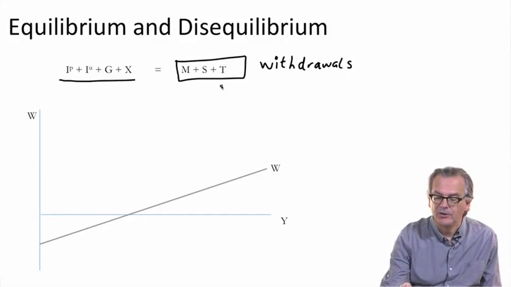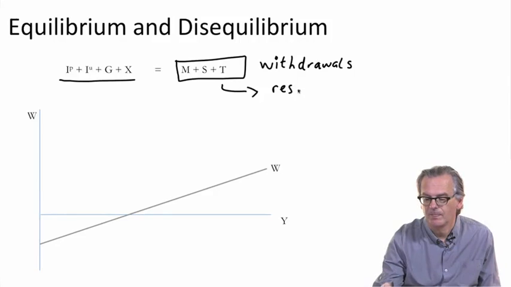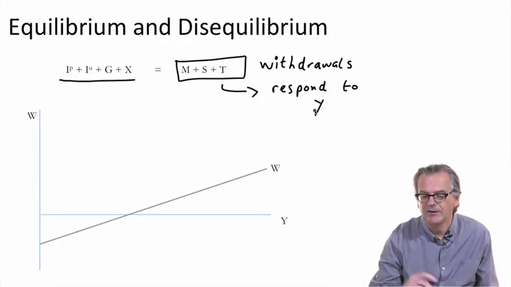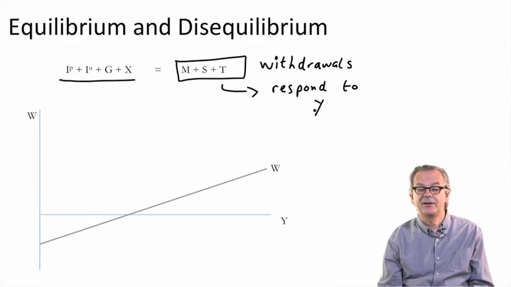Now, we're going to work on the assumption that withdrawals respond systematically to the economy's income. That the higher is the economy's income, the higher will be imports, the higher will be saving, and the higher will be taxation. If you think about it intuitively, that makes sense.